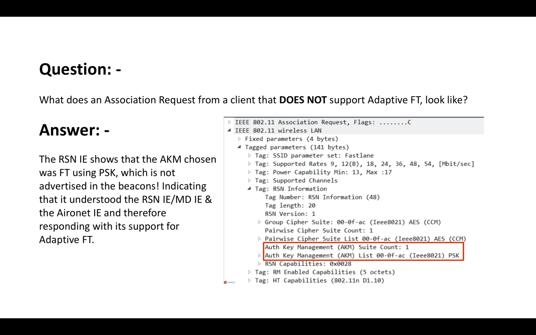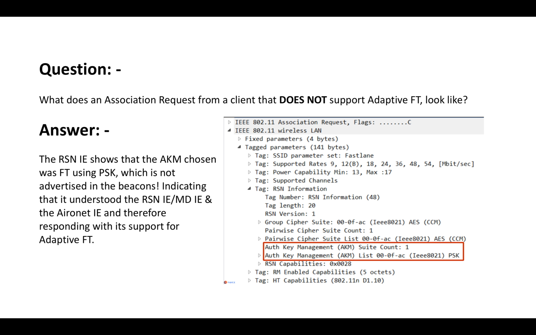So what does an association request from a client that does not support adaptive FT look like? Remember, we spoke about the beacon and the probe response for adaptive FT, right? And we saw that in the authentication key management RSNIE, we had one as a suite count, and the list had only PSK.